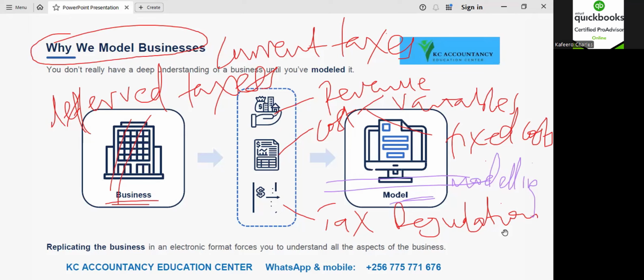In other words, replicating the business, or trying to transform the business into an electronic format through what we call the model, gets you to an understanding of all the aspects that are within the business.